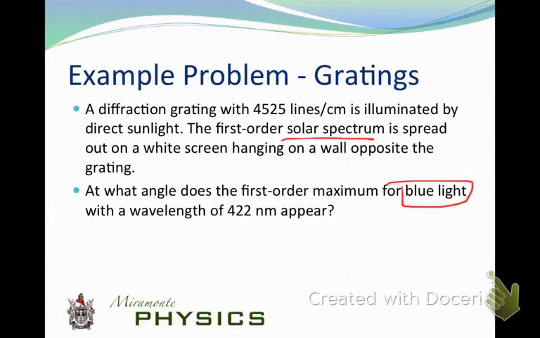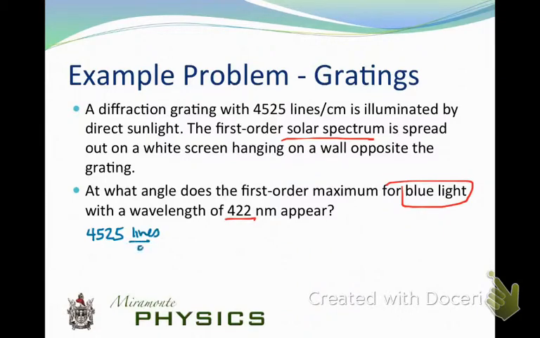All right, so let's look at what we know. We've got blue light. We're talking white light coming in, but we're going to be isolating just the blue part. We have 4,525 lines per centimeter. We're going to convert that. We need to get a distance for d, since d sine theta equals m lambda. How open is one little opening in this diffraction grating?